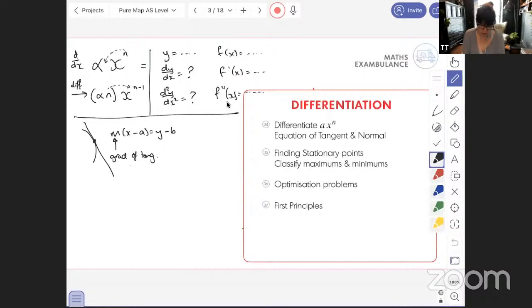So the gradient of the tangent is dy by dx, and you've got a dy by dx button on your calculator and you'll see it looks like this. And what you can tell your calculator to do is find the derivative at a point. So that means you can check your differentiation. Second years can do this as well. Differentiate it, stick a point into your derivative, and then use your calculator, and then you stick the x in there, and your calculator will tell you the gradient of the tangent, which is pretty good.